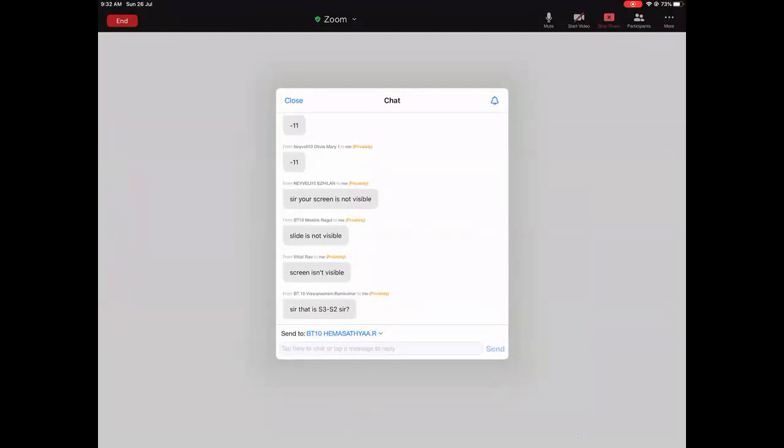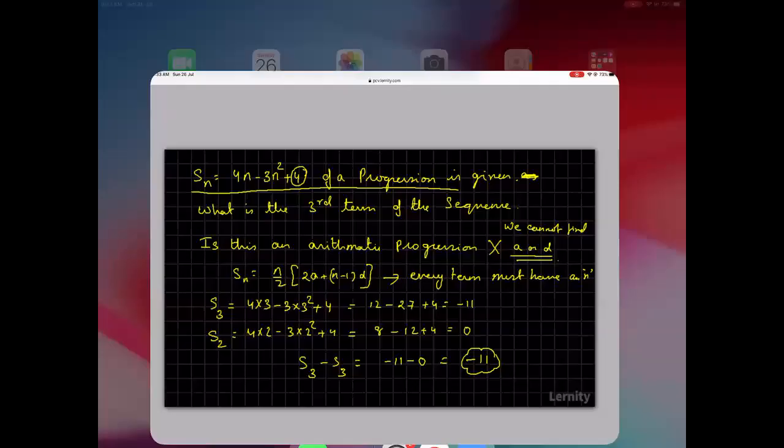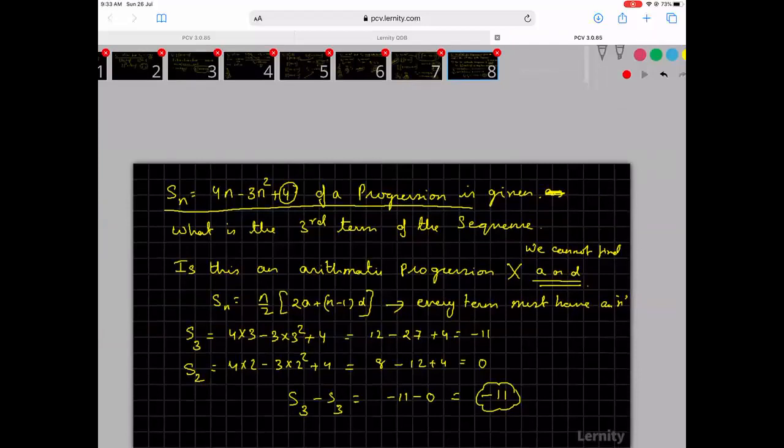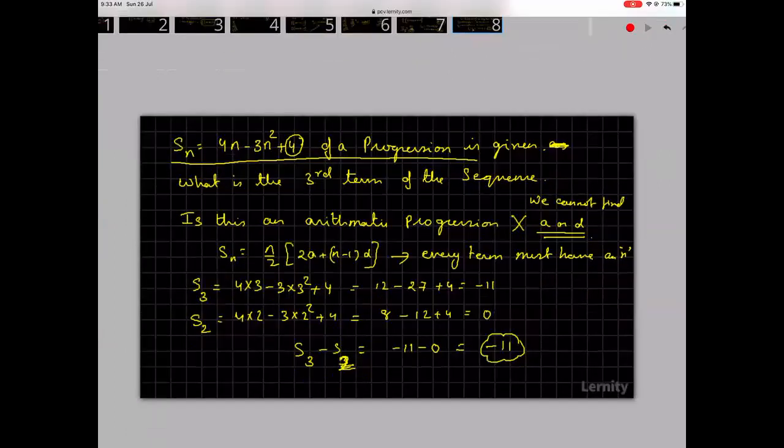I asked you for T3, so only S3 minus S2 will give you the answer. S3 is T1 plus T2 plus T3. S2 is T1 plus T2. So these two get cancelled, and you will have only T3.